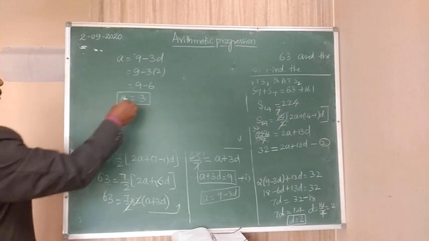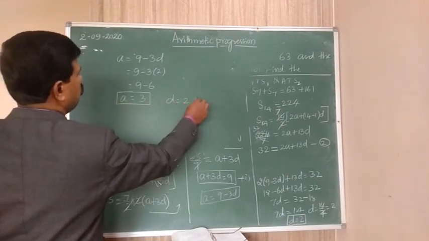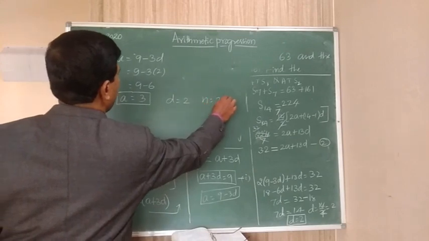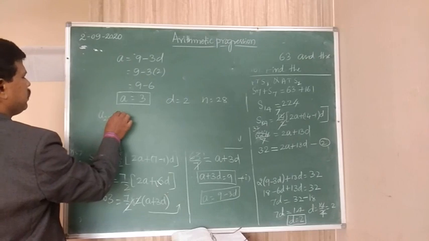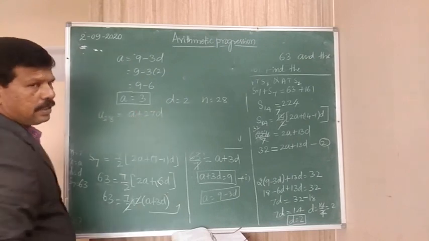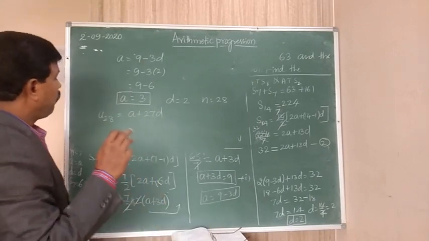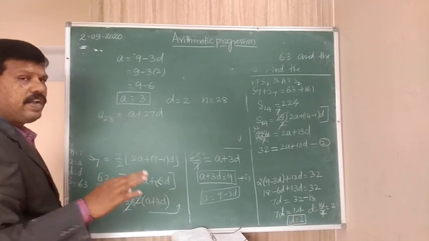Clear? Now after knowing this, d is equal to 2 and n is equal to 28. Now a28 is equal to a plus 27d. They asked to find the 28th term. They did not ask for the sum to 28, they asked how much the 28th term is.